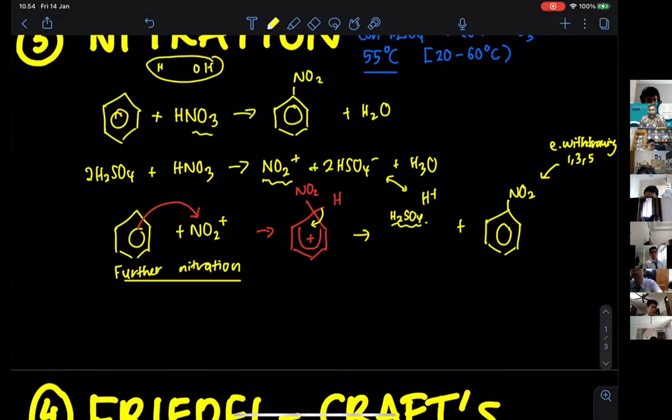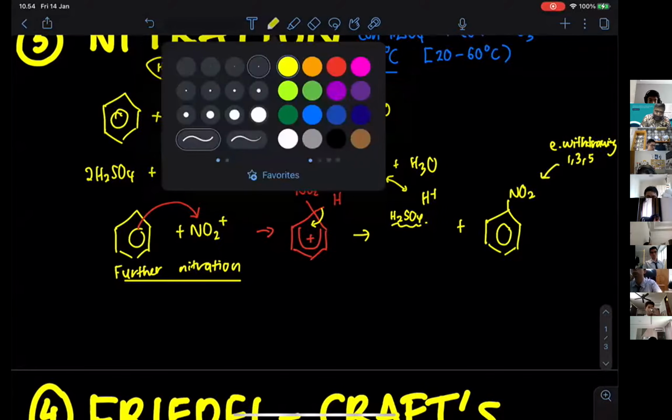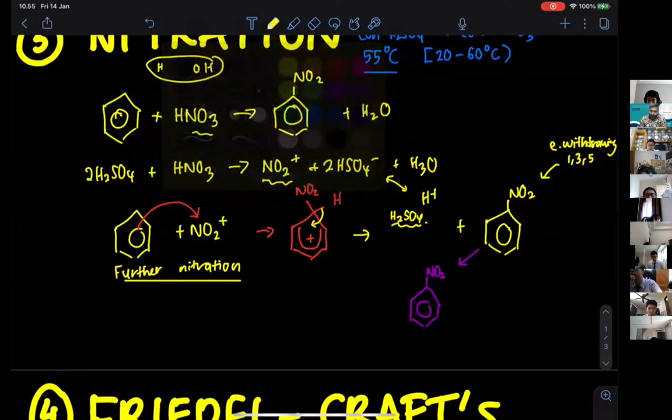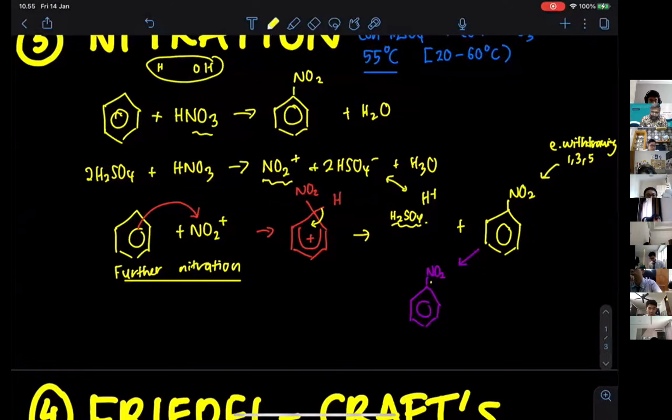So if I put it, for example, with this color, further nitration can happen, where the nitrobenzene has the NO2 coming at position number 3. This is position 1, position 2, position number 3. NO2 can come over here.